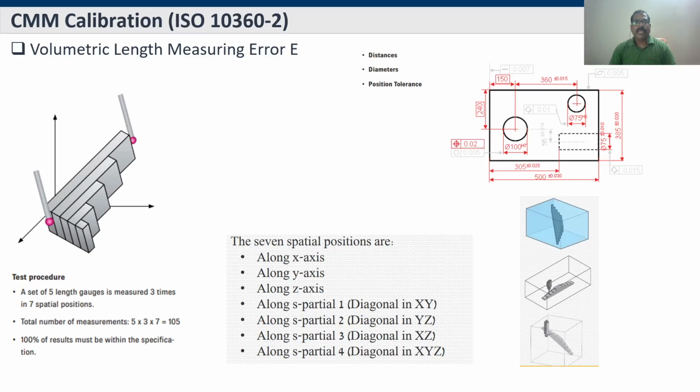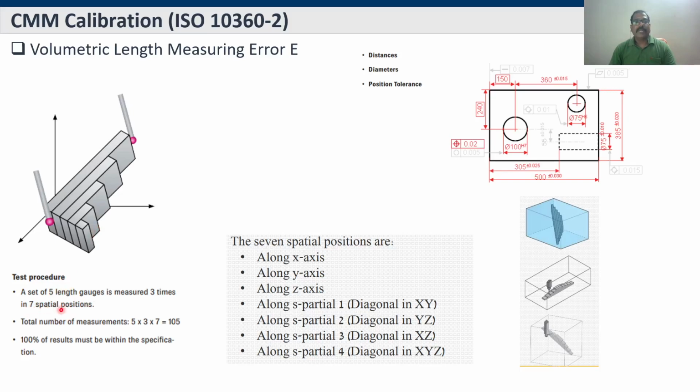A set of 5 length gauges, for example 1, 2, 3, 4, 5. These are all the gauges, stylus and probe tip is there. A set of 5 length gauges is measured 3 times, in 7 spatial positions.